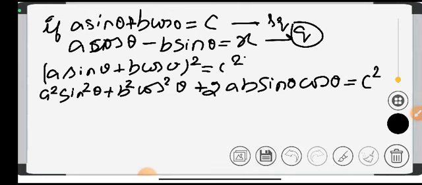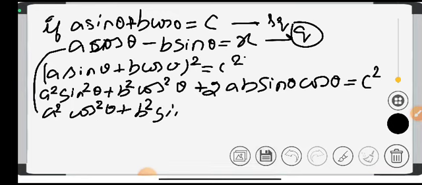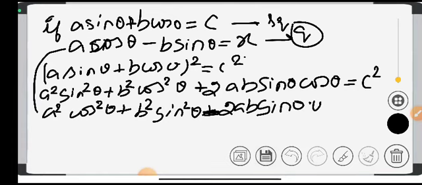By squaring the second one, that is a square cos square theta plus b square sin square theta minus 2ab sin theta cos theta is equal to x square.